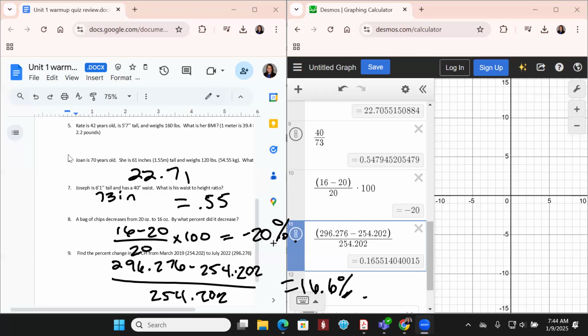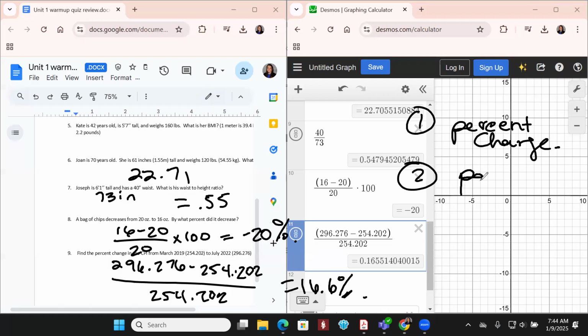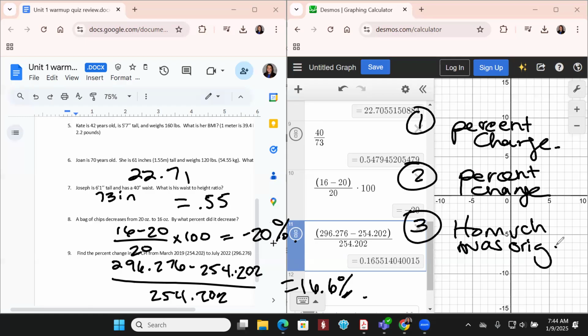Okay. So on your quiz, there are 6 questions. The first question asks you about percent change. The second question asks you about percent change. The third question asks you how much was the original price? Like, there was something that was 30% off.